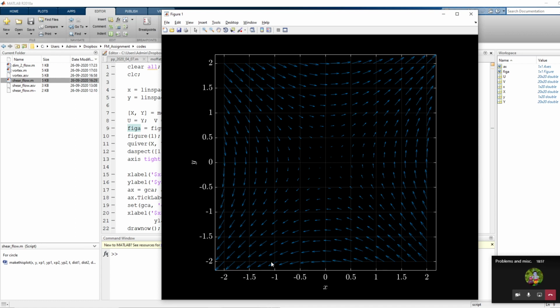It will look something like this, and this particular tangent will go straight to the origin. The one at 45 degrees over here will exit the origin and go straight. This will come in from infinity to the origin. This will go away from the origin to infinity.